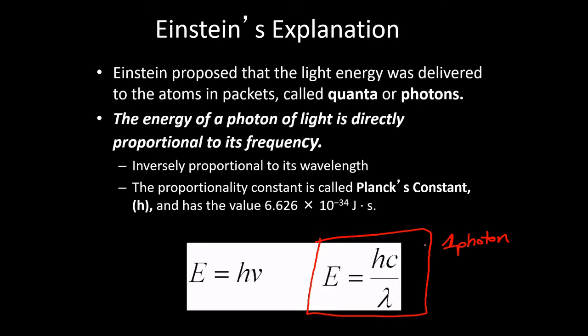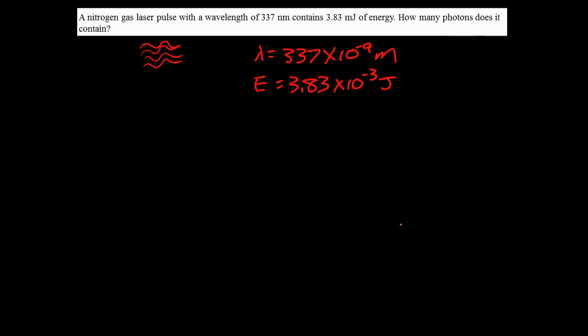So, if we can work out what the energy of a single photon is of this particular wavelength of light, because we know the energy of the entire pulse, we can use the energy per photon to work out how many individual photons there must have been.